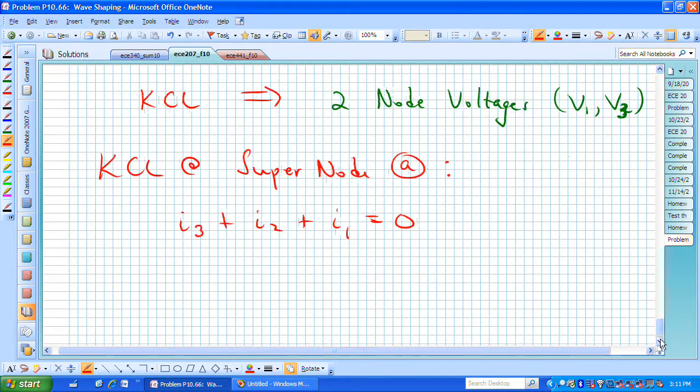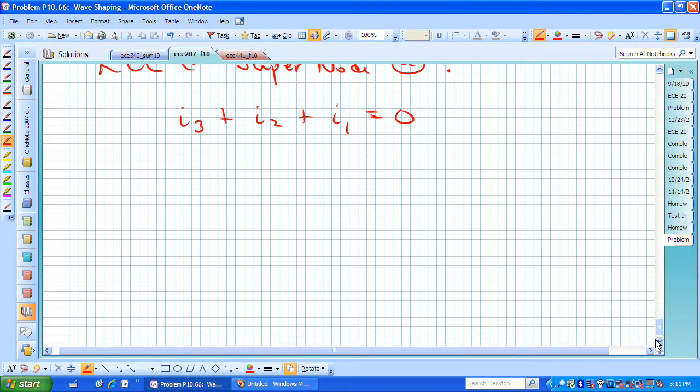And I'll use that then to relate V1 and V3, or eliminate or get rid of one of those. But for now, let me just say that I have for I3, that's V3 over R3. I sub 2 was V1 over R2, and I1 is V1 over R1, and that's equal to 0.